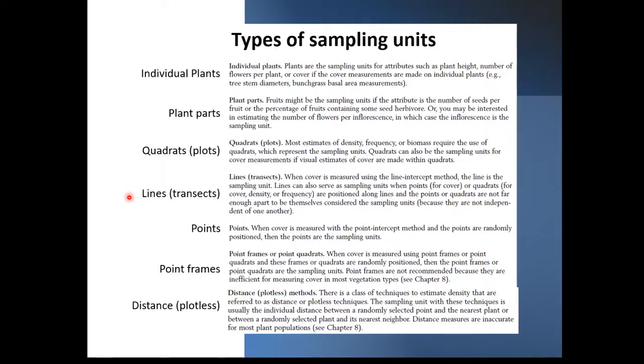We will discuss this in a later section, in a different lecture. We can also use points when cover is measured. When you want to look at plant cover, we can usually use points as one of the sampling units. We can also use point frames, and if you want to look at the density of certain plants, we can use distance or plotless sampling units.